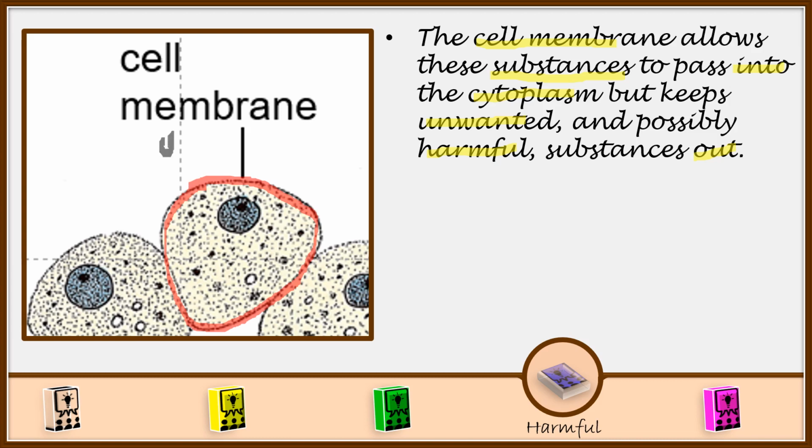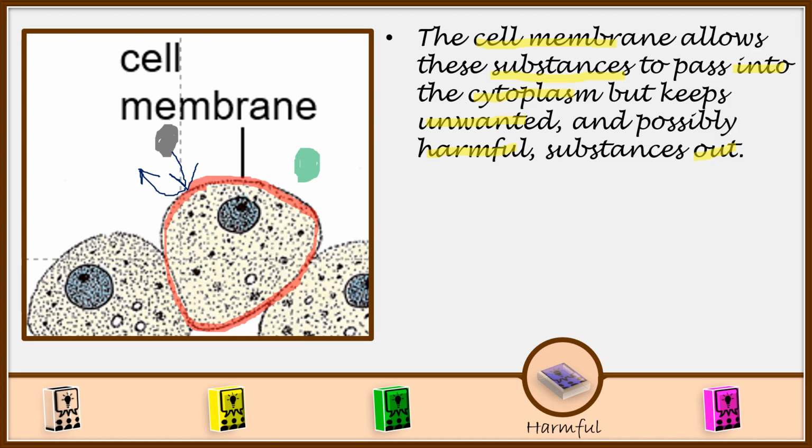There are some substances which are going to be prevented from entering the cell by the cell membrane. It will reject them.